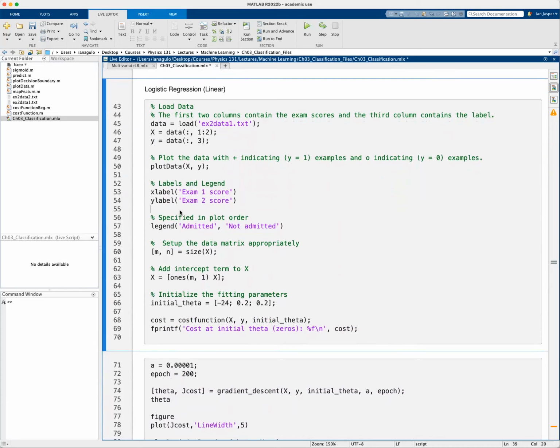Sorry. Okay, this is another example of application of logistic regression.